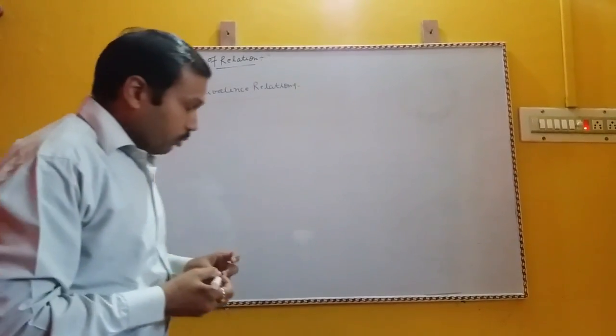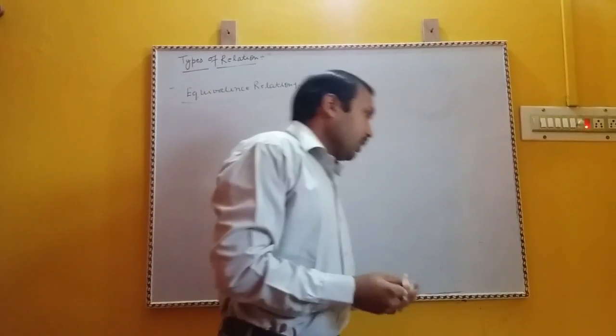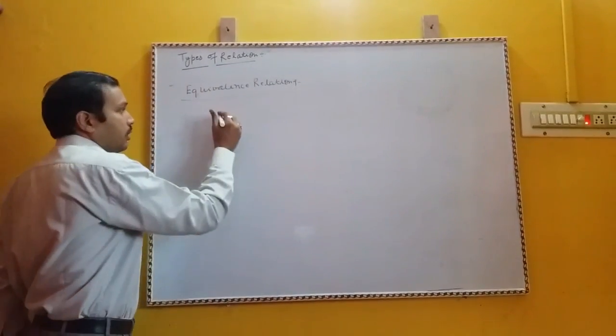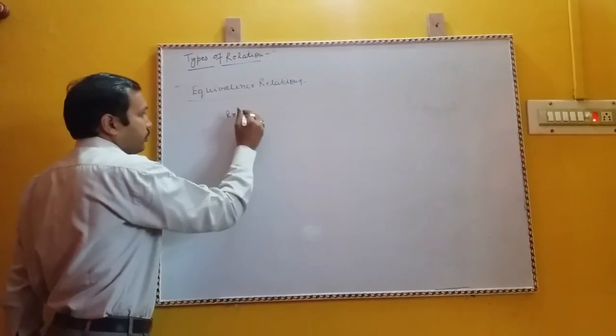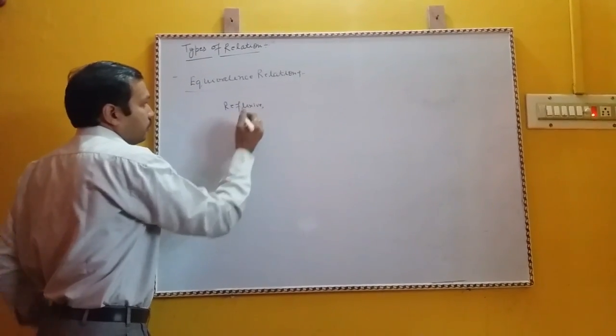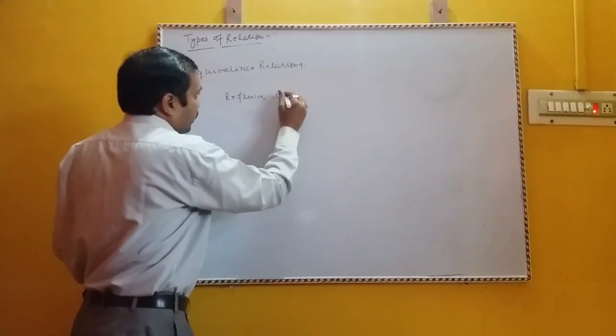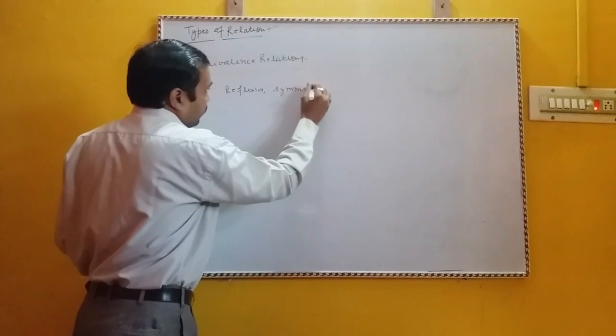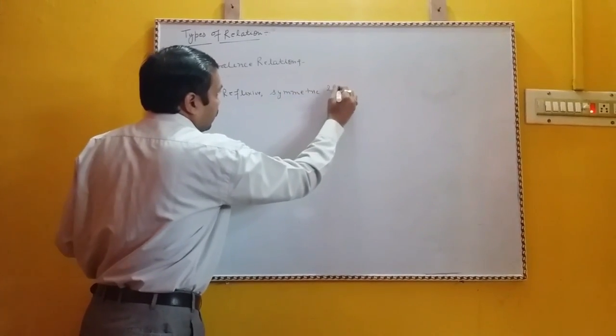A relation R on a set A is said to be equivalence if it is reflexive, symmetric, and transitive.